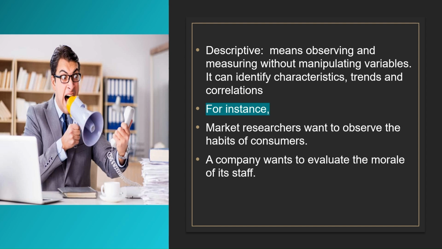Do they go to the cosmetic section or do they go to the grocery section? So they can conduct this type of research to describe how they behave when they come to the mall. Maybe they take the first step towards the grocery section and then they make their way out to the cosmetic section. So trying to describe something, or conducting a research with the intent to describe why people behave as they behave.